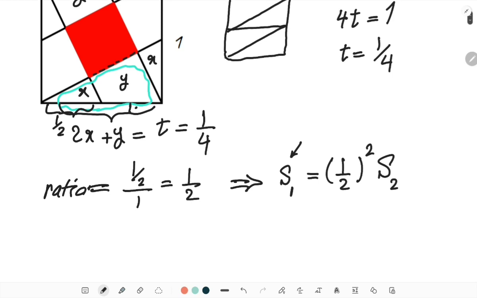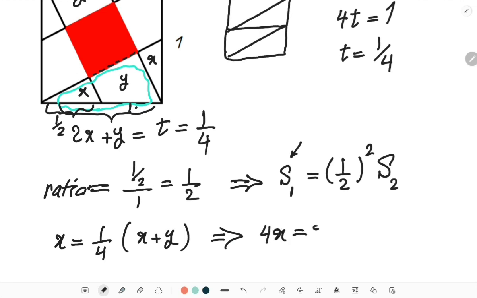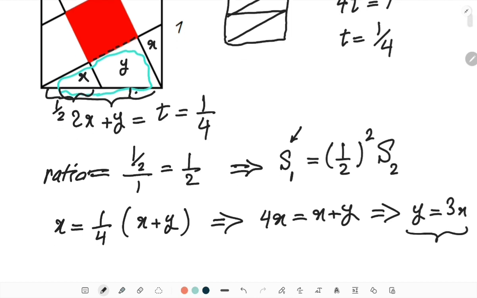It's x. And what is the area of the bigger triangle? That is x plus y, right? So as a result, I can say 4x equals x plus y, or y equals 3x. So I found another relationship between y and x.